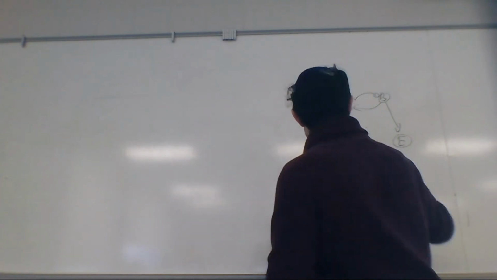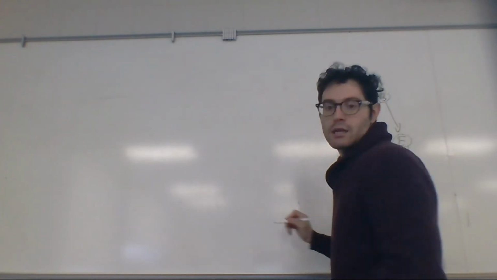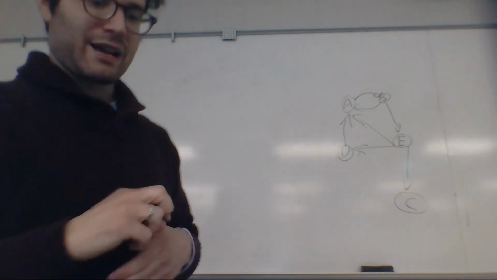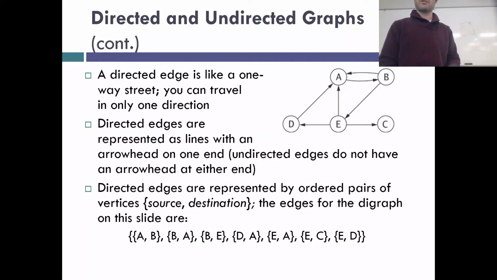And then there's an edge from B to E. And then there's an edge from D to A, right? And then an edge from E to A, and E to C, and E to D, right? I can just use the edges to draw my graph in most cases. In some cases you can't, where there might be a node all by itself that doesn't have any edges going to it.